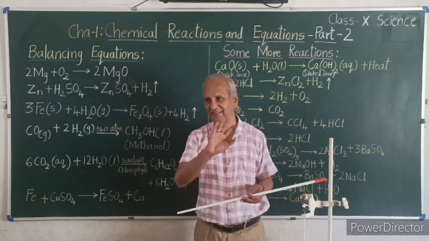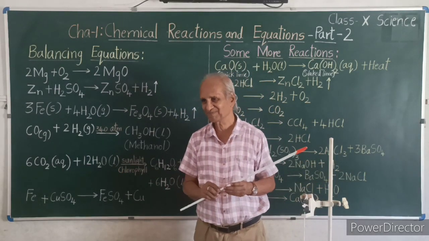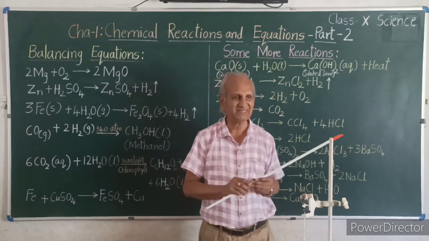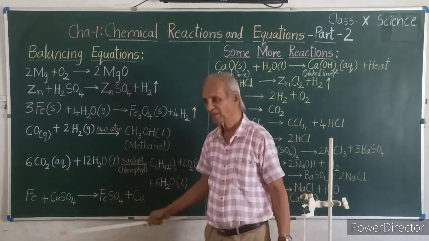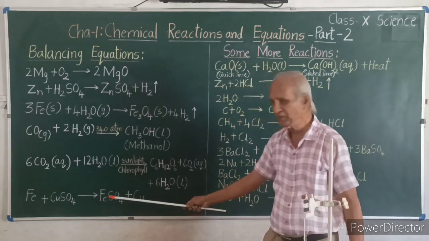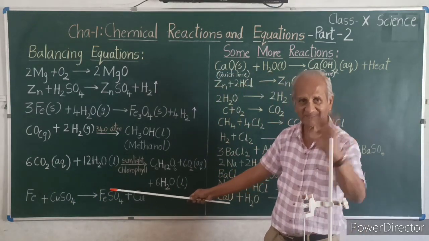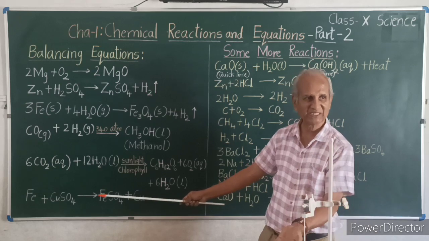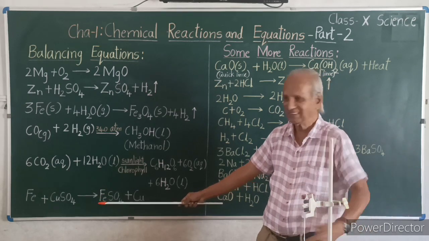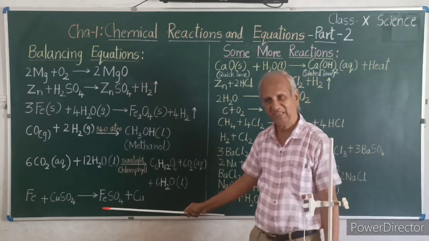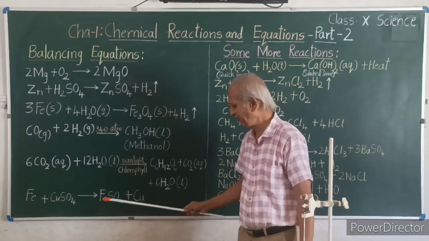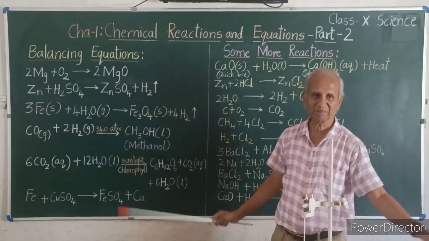You need not add any coefficient anywhere. Already it is a balanced equation. So how do we read? Iron plus copper sulfate gives, no conditions, we don't heat or apply pressure, nothing of that sort, ferrous sulfate, or you say iron sulfate, plus copper.